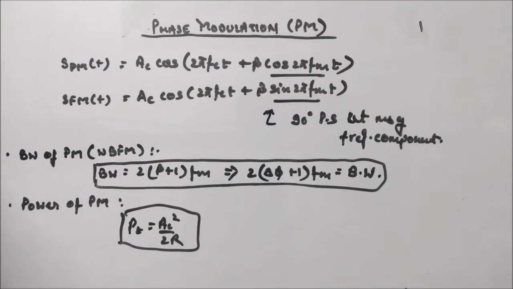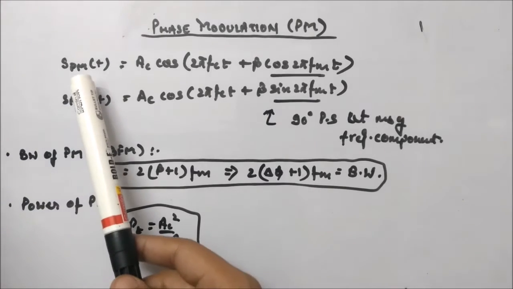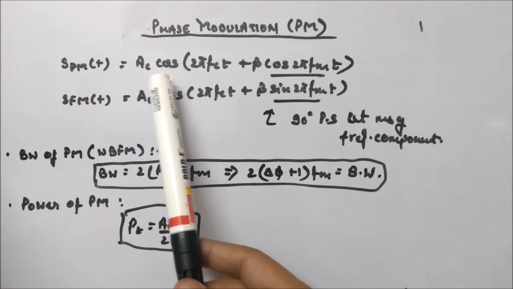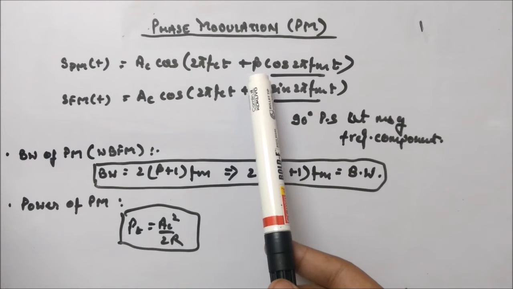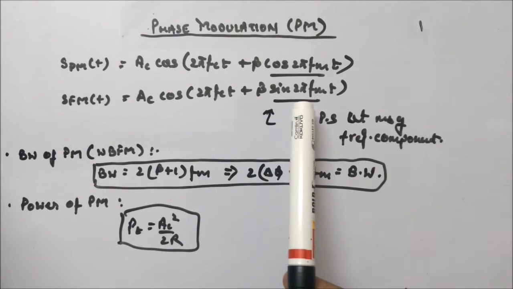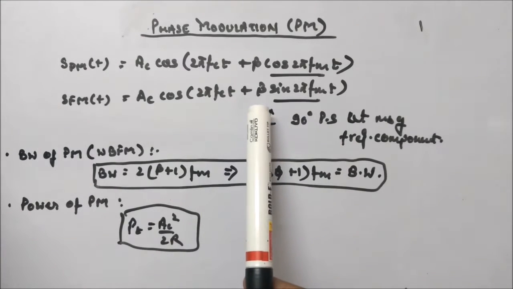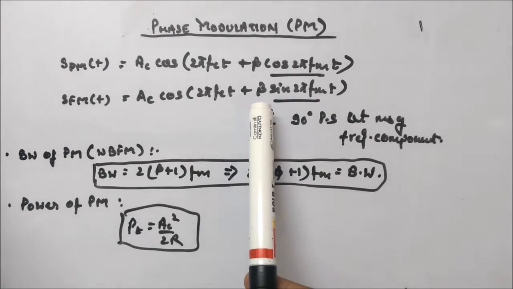Now let's compare the equations of FM and PM. The PM equation is Ac cos(2π fc t + β cos 2π fm t), where β is represented with Kp and Am. For FM you have Ac cos(2π fc t + β sin 2π fm t), where β is Δf upon fm, or Kf into Am divided by fm.